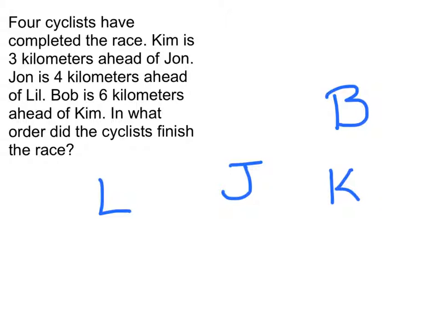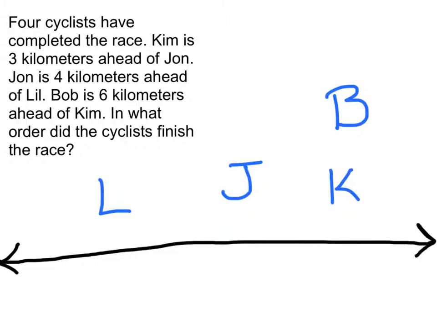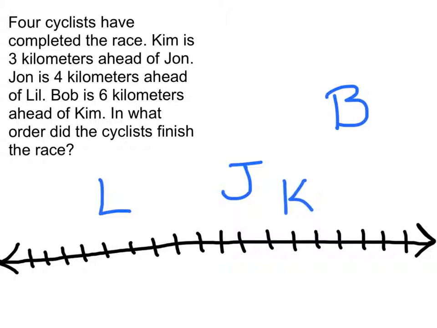And we'll make another one. Sometimes when you do this, your drawings might not turn out exactly right, and you may have to redo stuff. So that's okay. Let's make a couple more lines here. Notice I'm making my lines a little smaller this time. Okay, so again, we have Kim is 3 kilometers ahead of John.